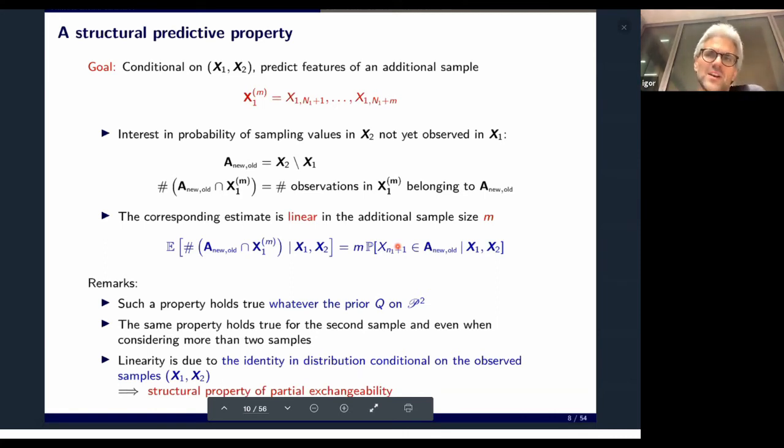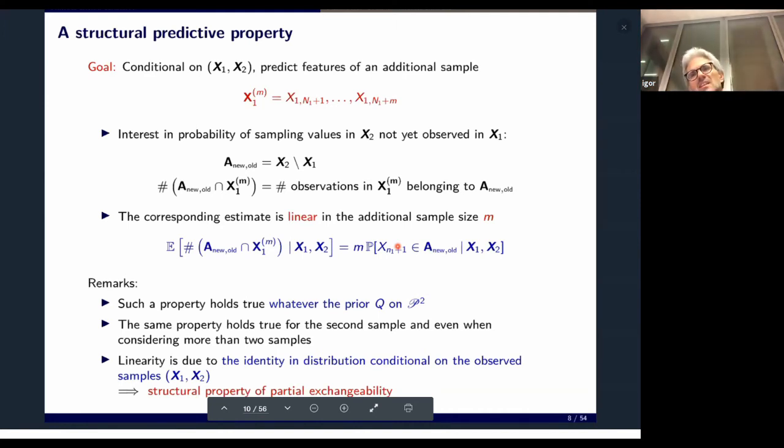So it's like in the binomial case, the expected number of successes, obviously here it's not IID. But it's partially exchangeable, so conditionally on the observed samples, you actually have the identity distribution, and that's why you get a structure like this. So that's why I'm saying it's actually in principle trivial, but one might not think about this.